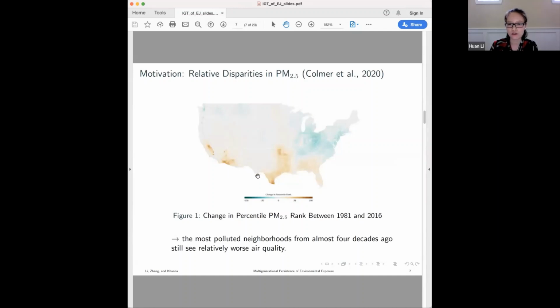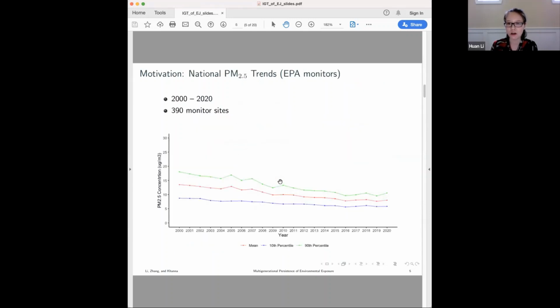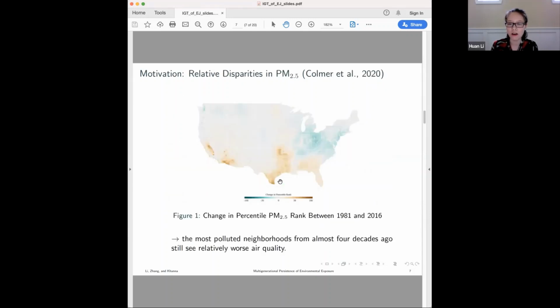The brown areas show the PM 2.5 increases. So when you look at this map, for the majority of the country, the PM 2.5 rank doesn't change. Although we see this declining trend of PM 2.5, when you look at the rank, the position of the census tract over the whole country doesn't change at all.